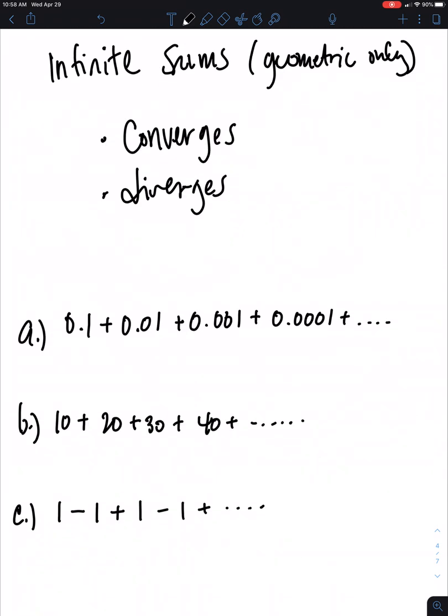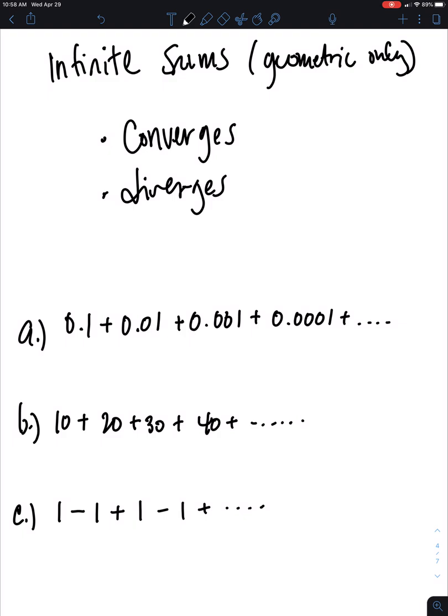Okay, so the last thing we're going to talk about is infinite sums. And you may say to yourself, how can you possibly find a sum of an infinite number? Well, something will get closer and closer and closer to a number, whether it's 0 or 1, to the point where, out in an infinite world, that decimal just doesn't make a difference. And so we actually do find the sum.